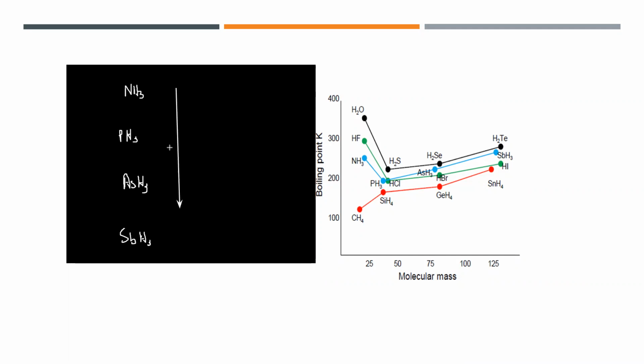So what we observe in the trend from NH3 to PH3 is that the boiling point decreases. And from PH3 to SbH3, it increases. What is the reason? Because here we have hydrogen bond, which is stronger. Here we have dipole-dipole force. Hydrogen bonds are stronger than dipole-dipole. That's why the NH3 boiling point is higher.